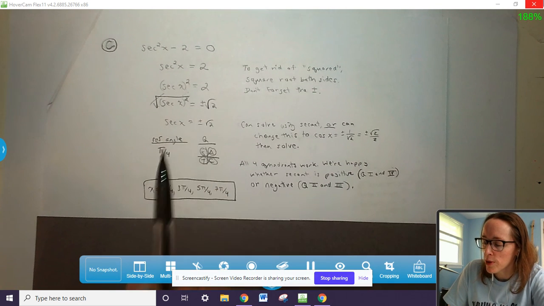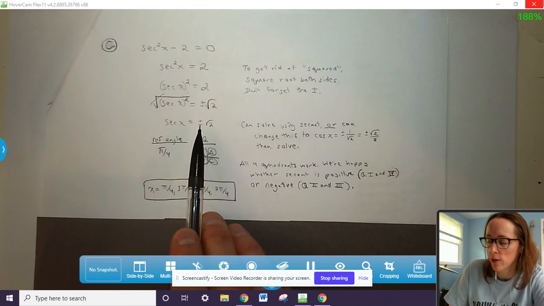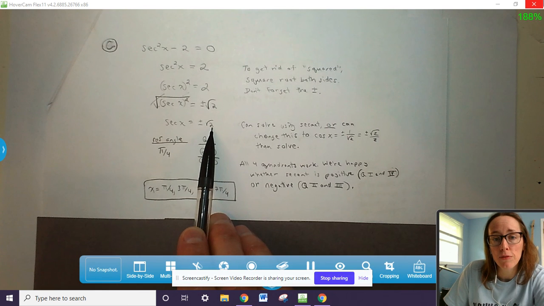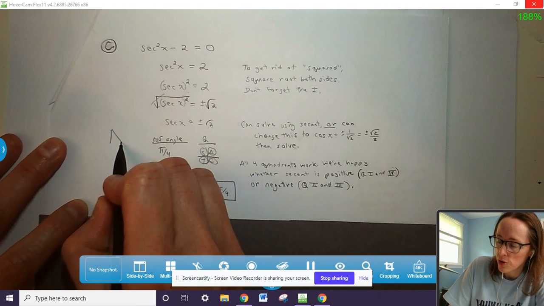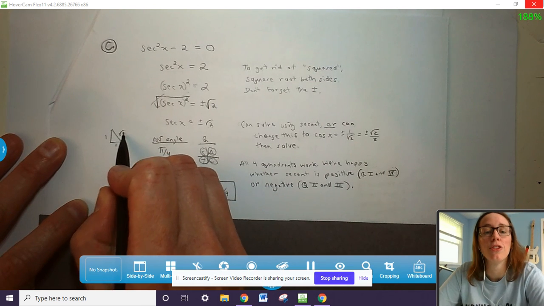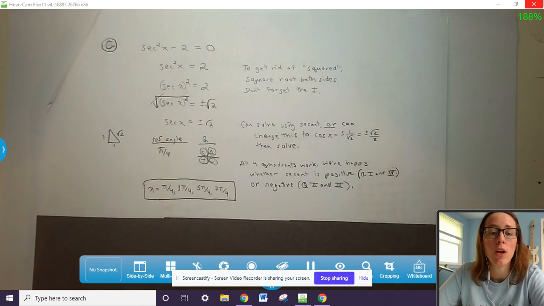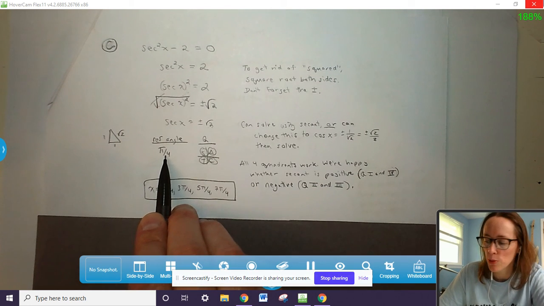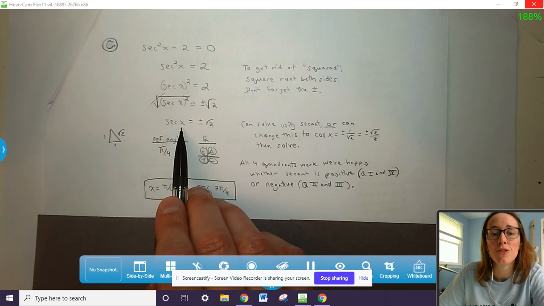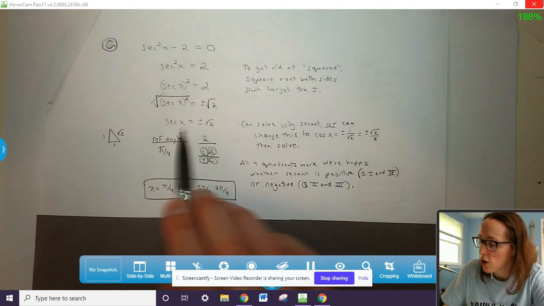Now to solve for where secant x is plus or minus radical 2. To get the reference angle, if you're comfortable with secant, you can use the unit circle or draw your 45, 45, 90 and your 30, 60, 90 and figure out where secant's radical 2. If you're a little uncomfortable with secant, then you can switch over to the reciprocal, which is cosine.